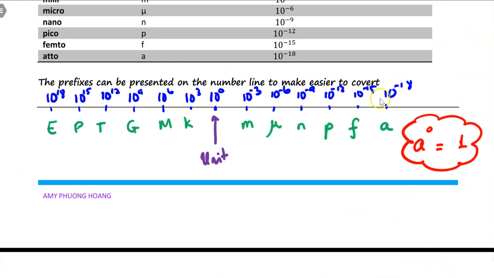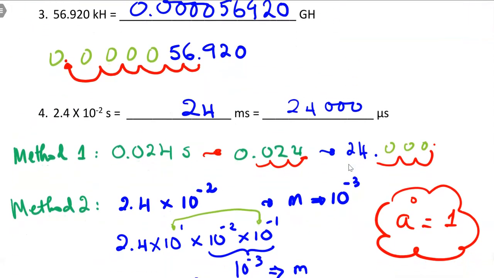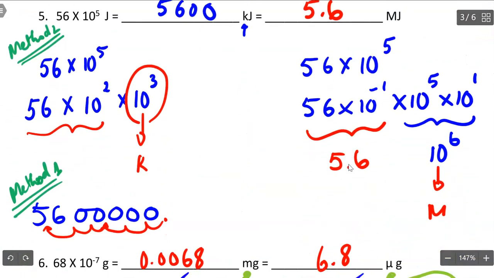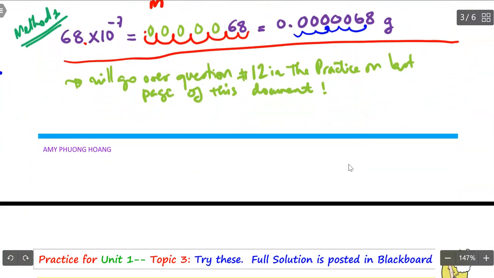Some of you in the pre-technology program probably learned this already, and you need to know this in your physics class. Micro is 10 to the negative 6, and nano is 10 to the negative 9. You don't need to memorize this; every time you forget, you can refer to that table, chart, or number line.